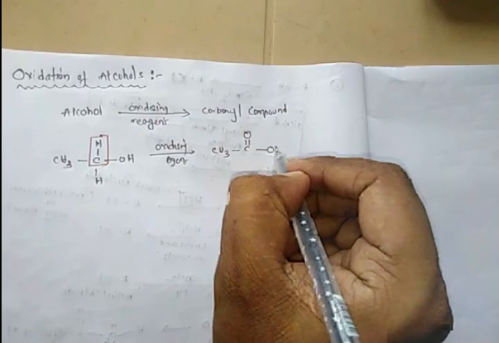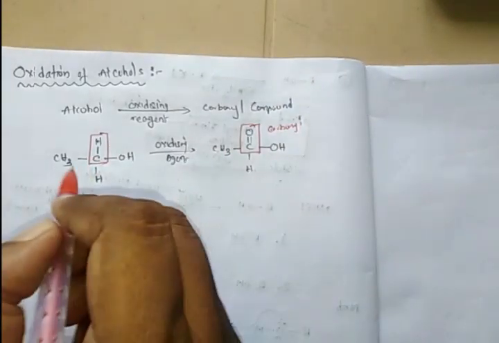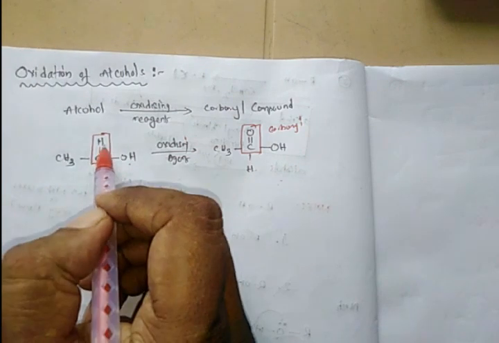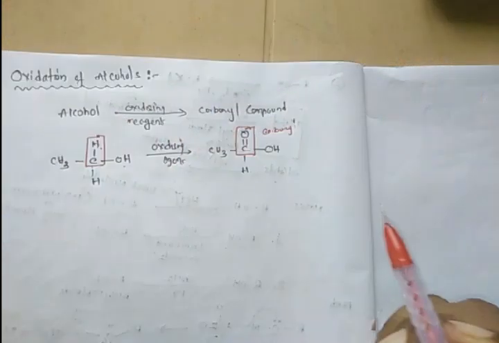We may have here OH. Okay, this is called the carbonyl carbon. So whenever an alcohol is treated with an oxidizing agent, the hydrogen present on the hydroxyl-bearing carbon atom will be replaced, and this carbon-hydrogen bond will be replaced by a carbon-oxygen double bond.